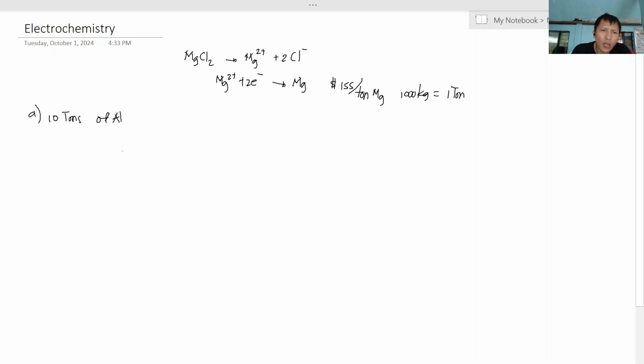You usually start with a current in ampere, and then you put your conversion: one coulomb is 1 ampere second. You can cancel second, and then multiply by time. For electrolysis, you have your current and time, so Q = It.